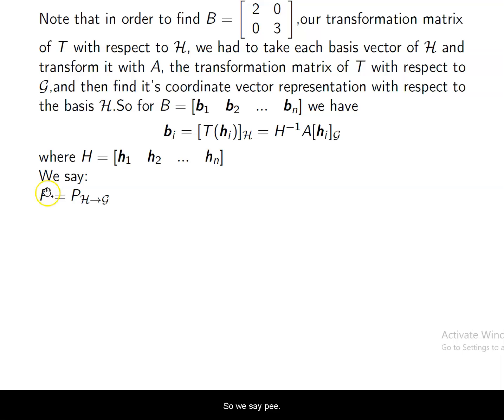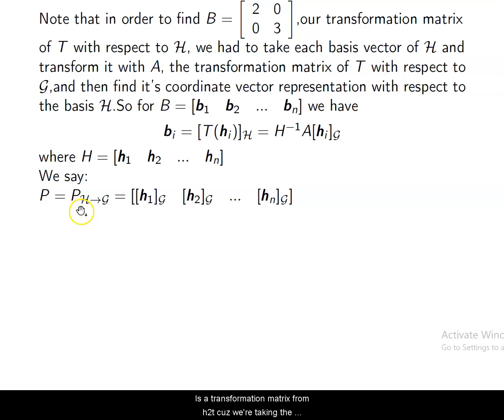All right, so we say P is equal to P from H to G. This is the transformation matrix from H to G, and it's given by looking at each H1, H2 up through Hn under the coordinate vector representation in G. So we're going to write each of these vectors under the basis G. And the matrix that we get from doing that is our transformation matrix from H to G, because we're taking the basis.